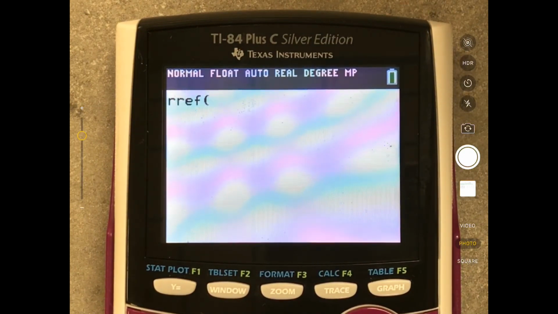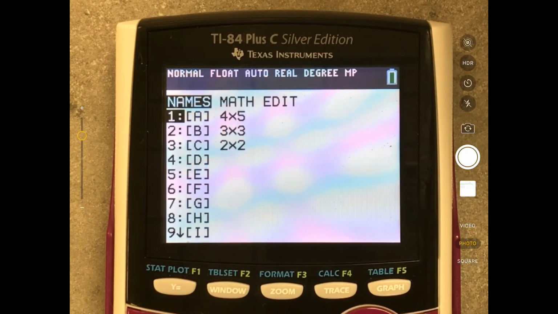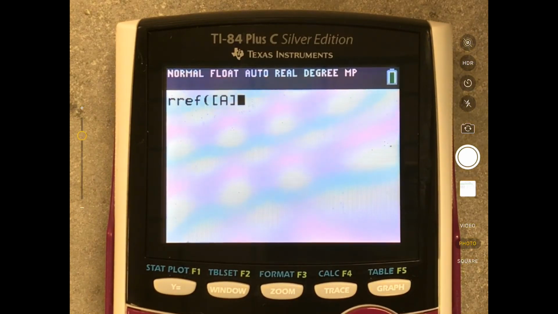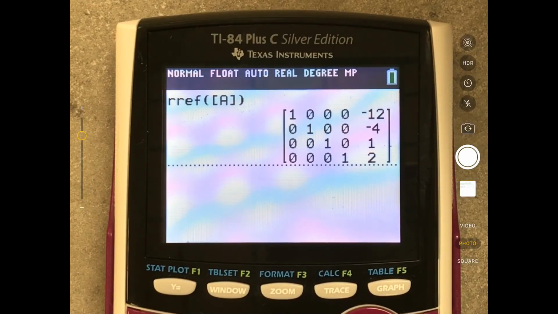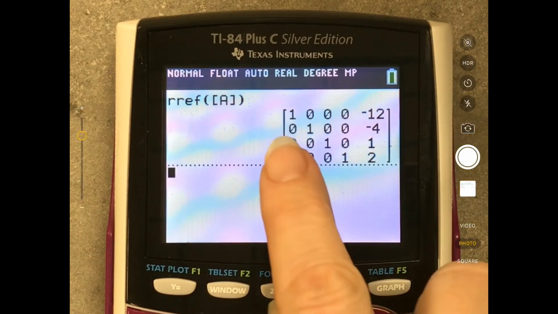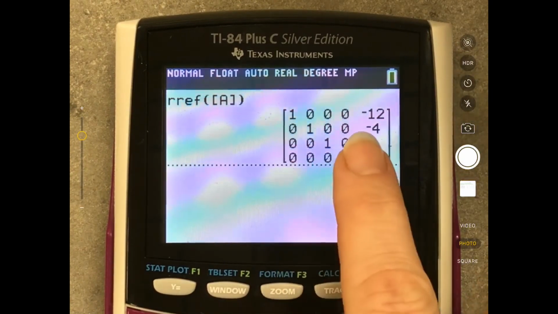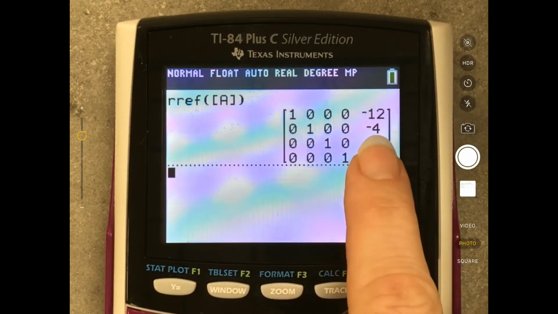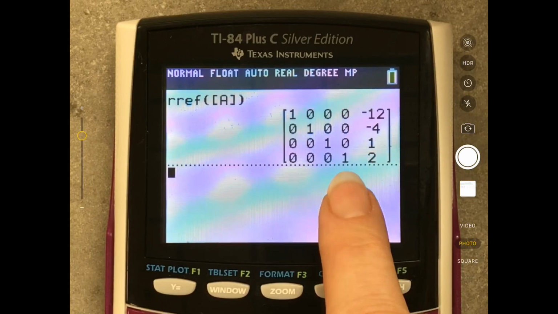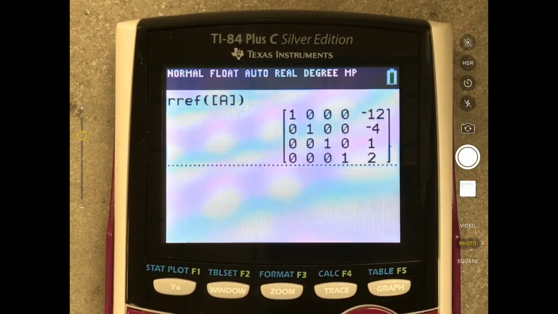So we're going to use reduced row echelon form. Second matrix of matrix A is where I had it entered. And when I push enter, it automatically, look at that, all the Gauss zeros, it's in reduced row echelon form. And so then I can say that x equals that, and y equals that, and z equals that, and w equals that.